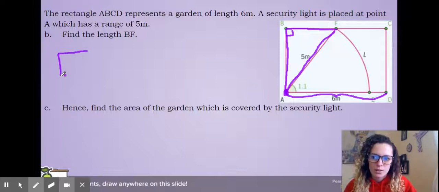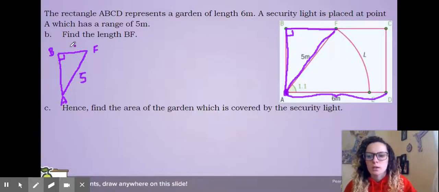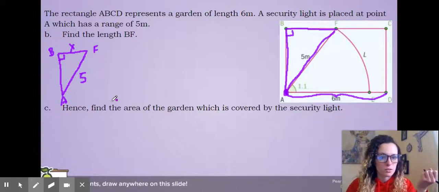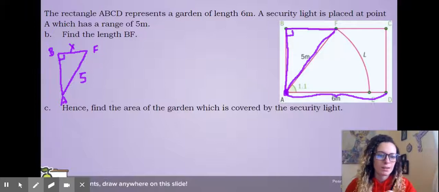What's nice about it is that angle B is a right angle, and I know my hypotenuse is 5. We're trying to find this distance. So going back to right triangle trig, I can use SOHCAHTOA. I can also still use sine rule or cosine rule because they can solve any triangle, but SOHCAHTOA is usually a little bit easier.